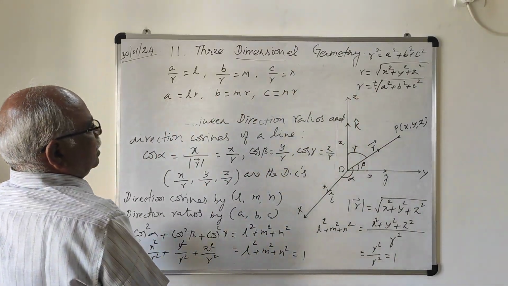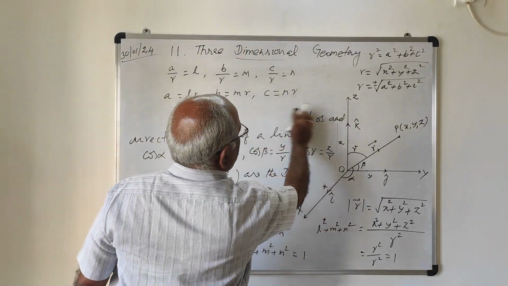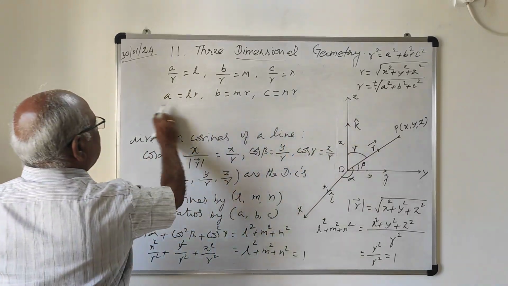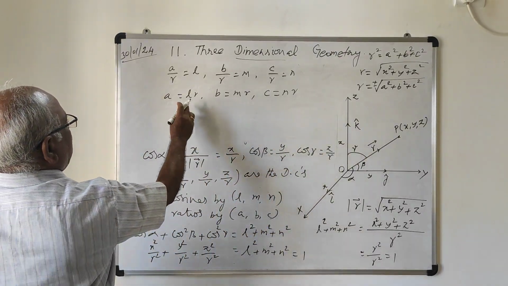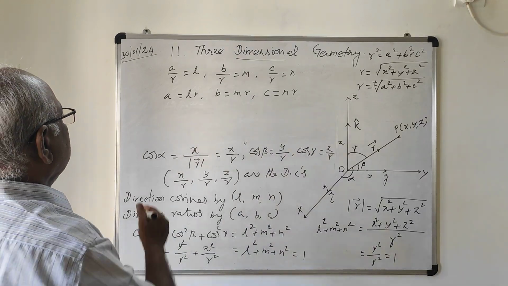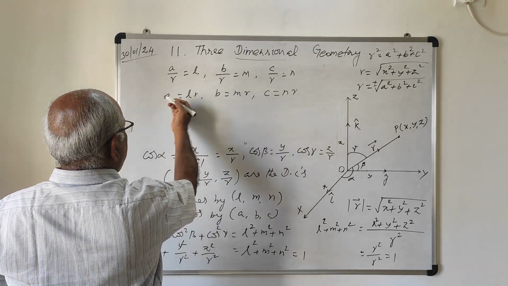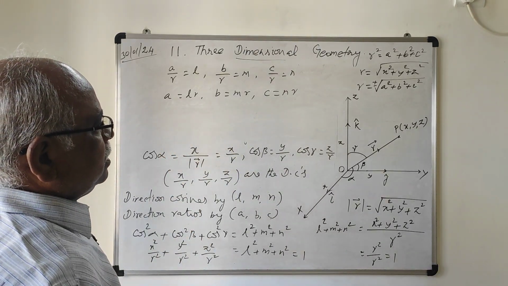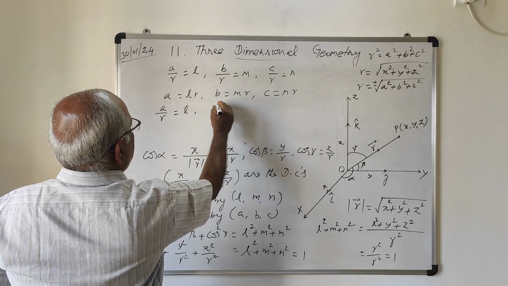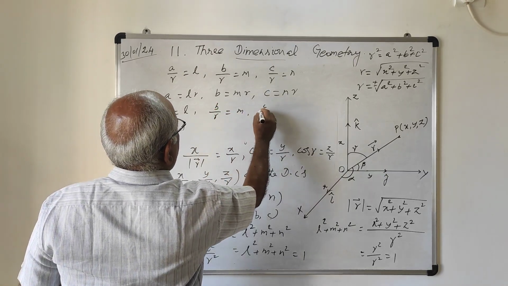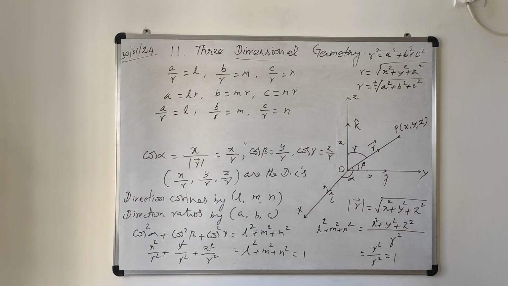So from this we can consider A by r equal to L, B by r equal to M, and C by r equal to N. Is it not?